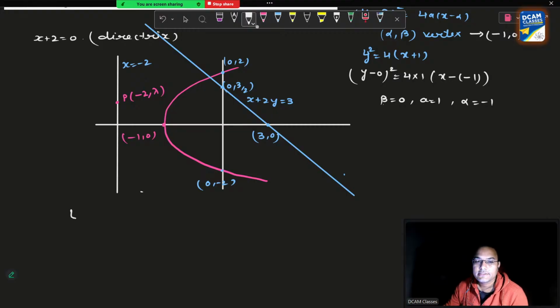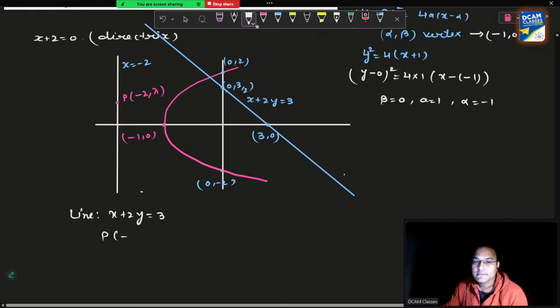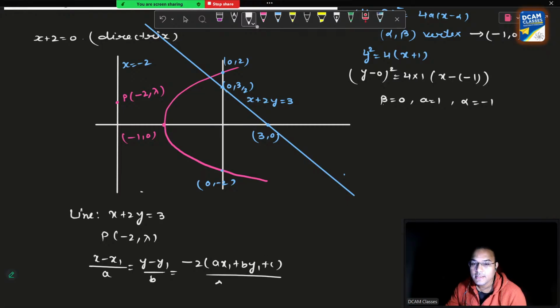The line is x plus 2y is equal to 3. The point P is (-2, lambda), any random point I have taken on the directrix. Mirror image formula: (x minus x1) by a, (y minus y1) by b is equal to minus of 2 into (ax1 plus by1 plus c) by (a square plus b square).